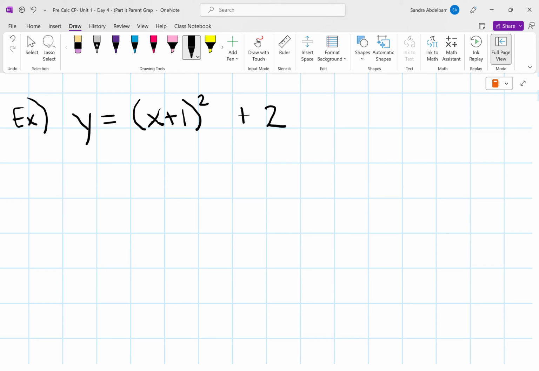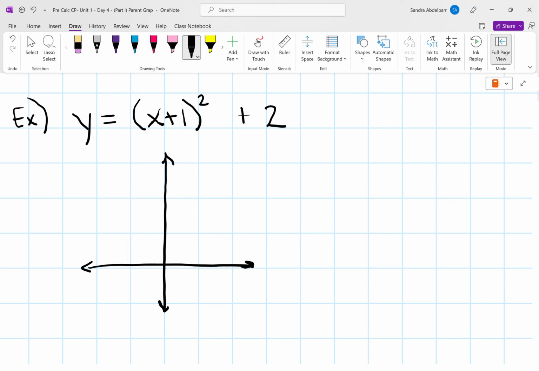If it was square root, it would be the shooting star. If it was an x in the absolute value lines, but the x only had an exponent of 1, then it's the V. So your first task is to look at this and say, which parent graph am I relating this to? We're relating this to the parabola.